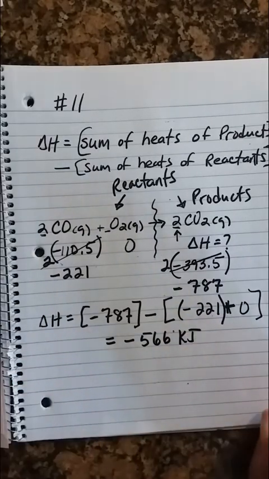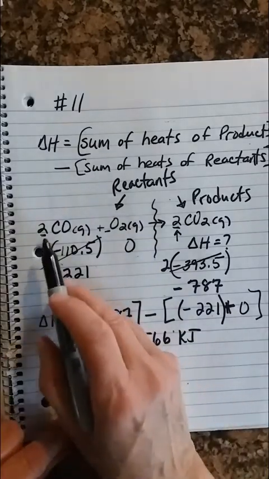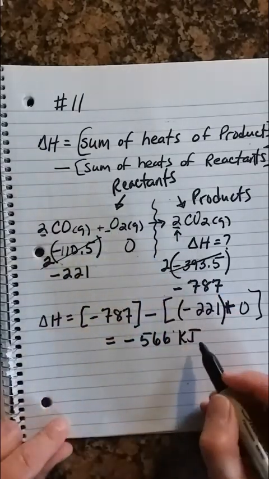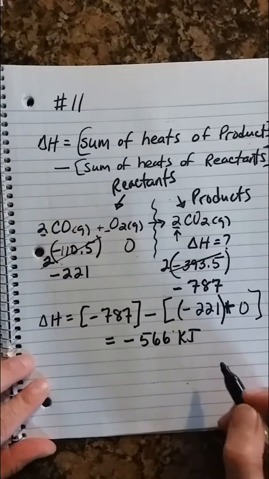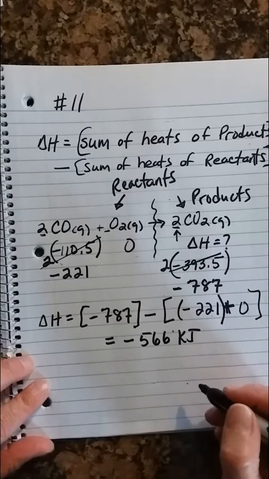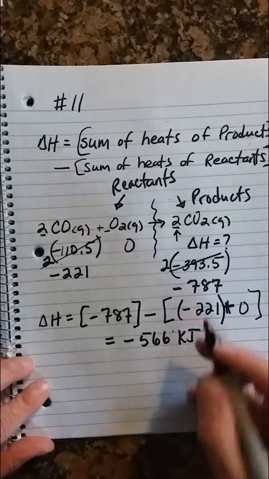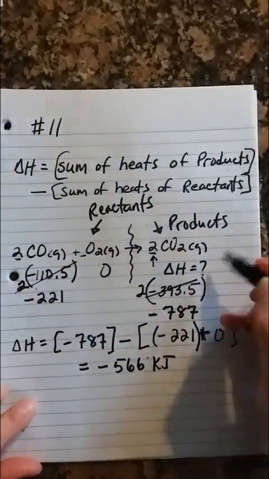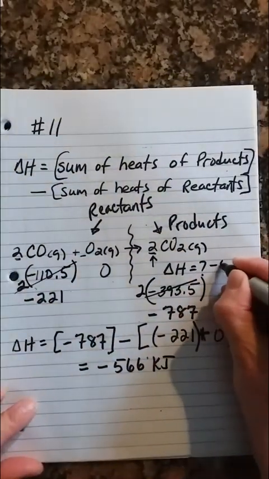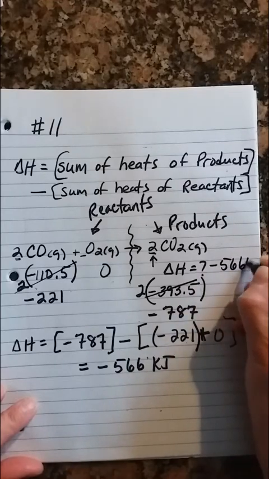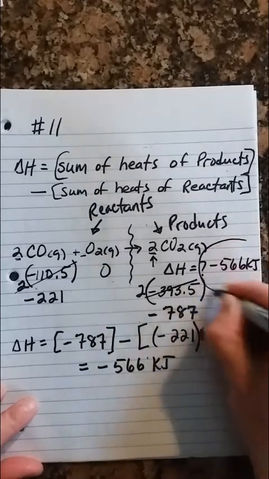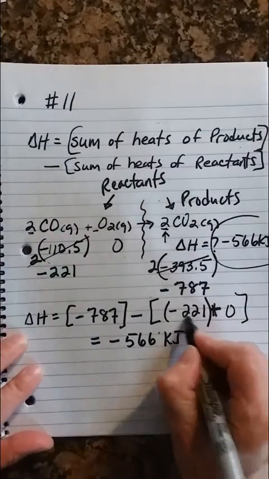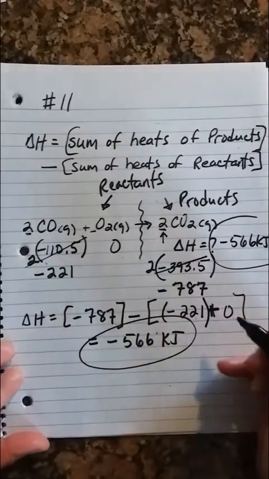It's not per mole anymore because we've already used it in with coefficients, and that mole part kind of cancels itself out. So then, you could say my delta H is negative 566 kilojoules if they wanted you to put it back up into the equation. Here's my answer, same number.